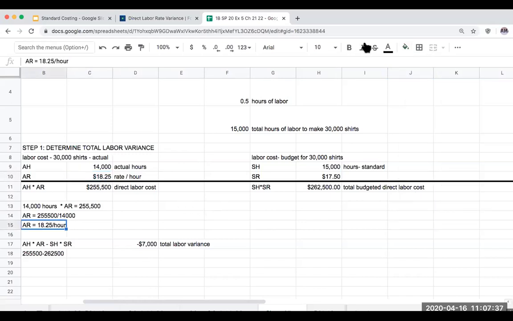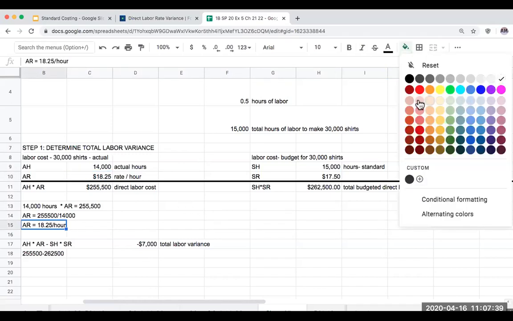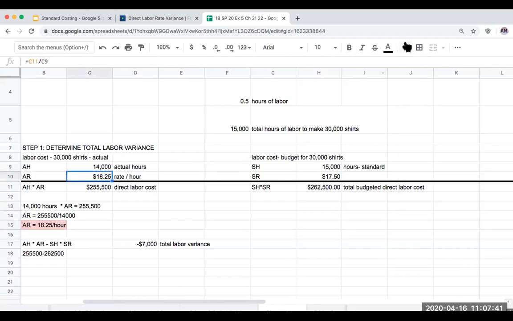I spent $255,500. What should I have spent to make 30,000 shirts? I should have spent $262,500. So I spent less, which means this is going to be a total favorable labor variance. Okay, that's my step one.